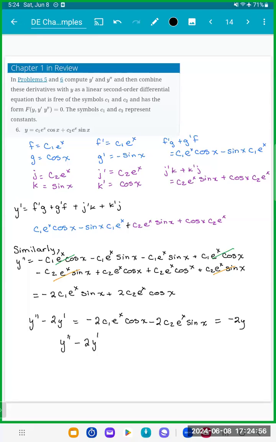We can bring this over to the other side, and so that is plus 2y is equal to 0. And that is what we were being asked to show, to give that linear second order differential equation.